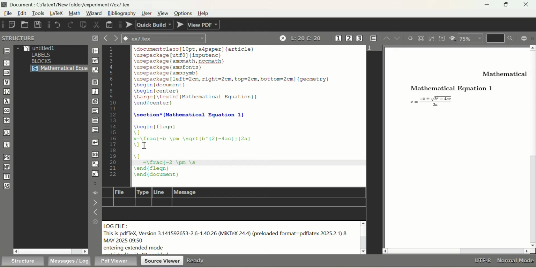So minus 2 plus or minus square root of 2 power 2 minus 4 into 1 into minus 8.